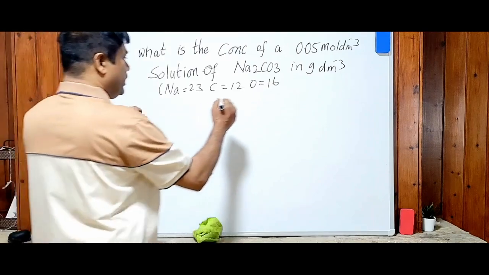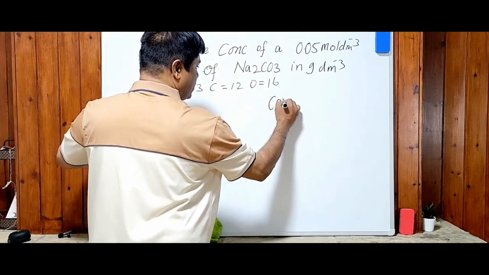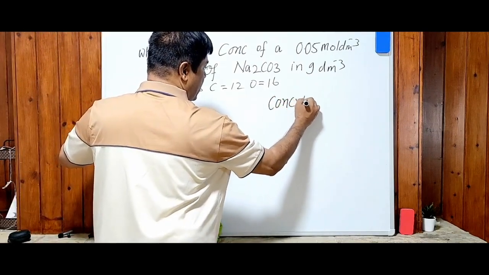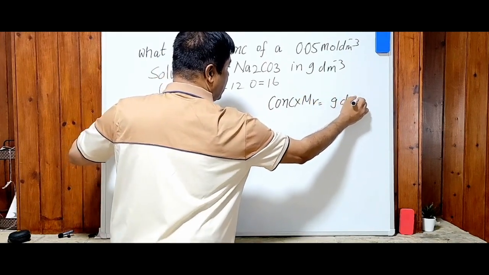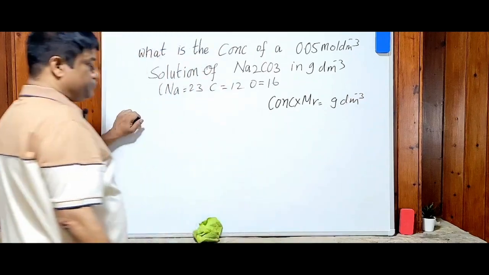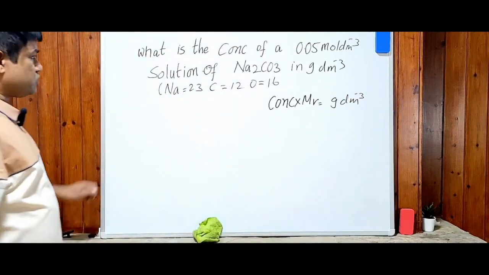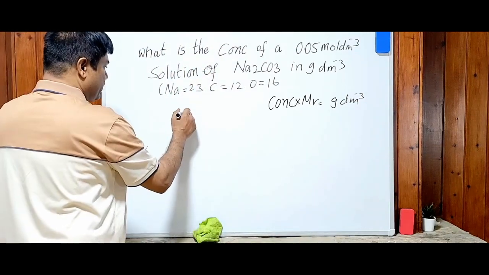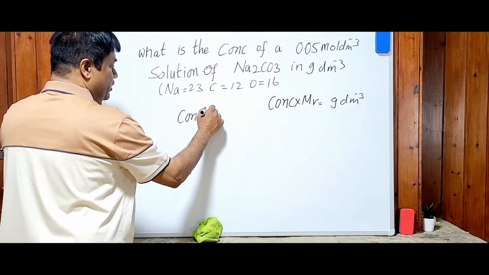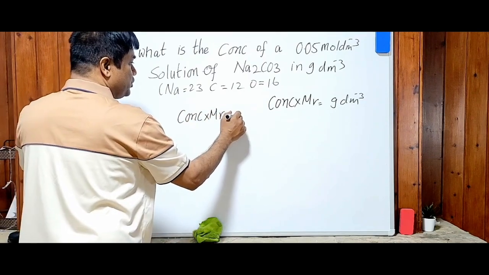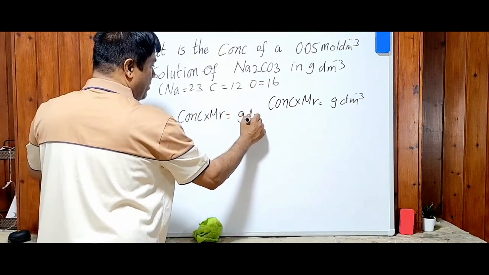What's the formula? Concentration times Mr equals to gram per dm cube. Easy, guys. So conc times Mr equals to gram dm minus 3.